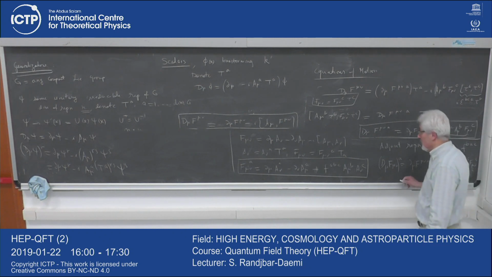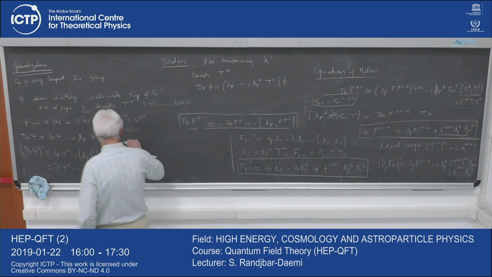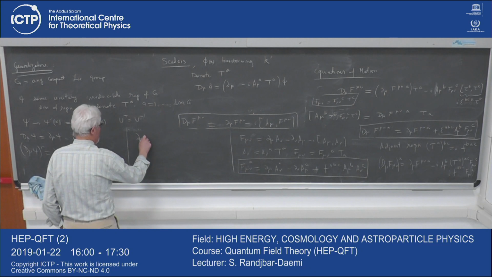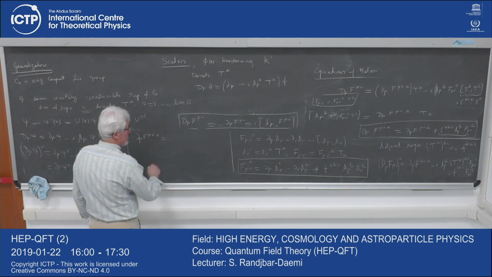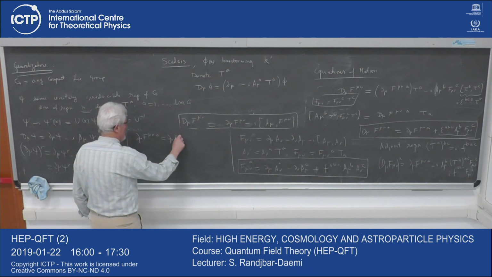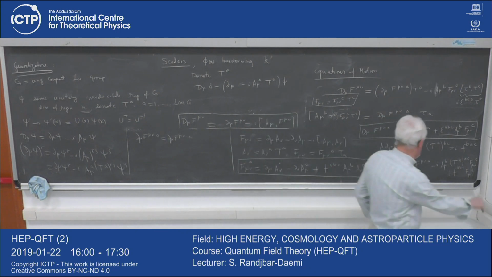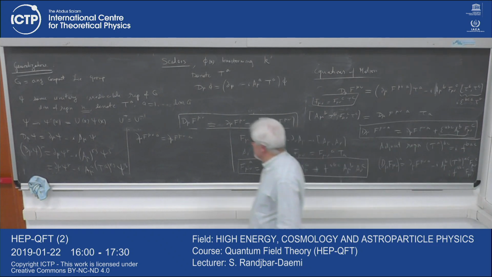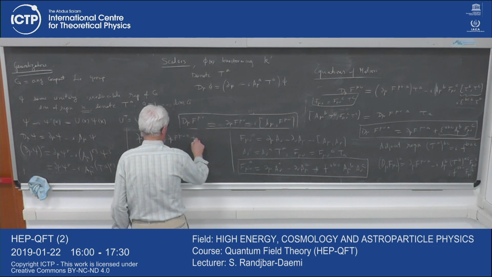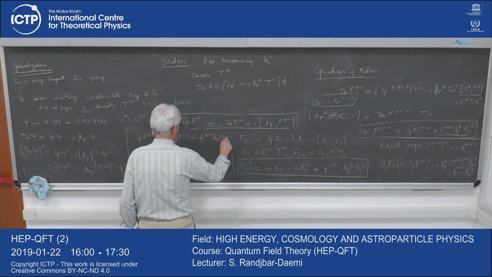So this I times that I becomes plus. Therefore, from here you see that D_mu F_{mu nu}^A is d_mu F_{mu nu}^A plus this term with the structure constants, f_{ABC} A_mu^B F_{mu nu}^C.